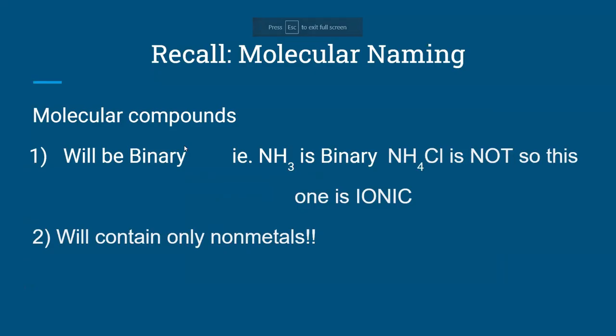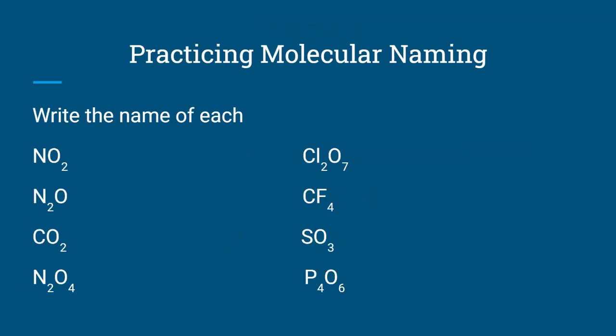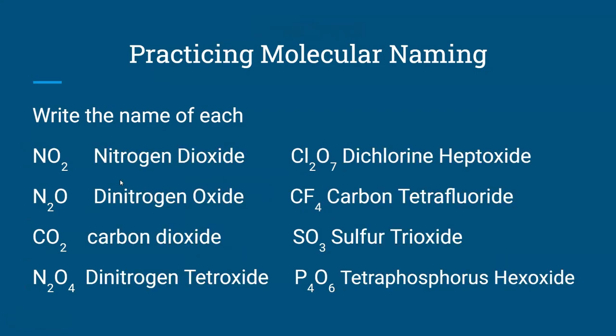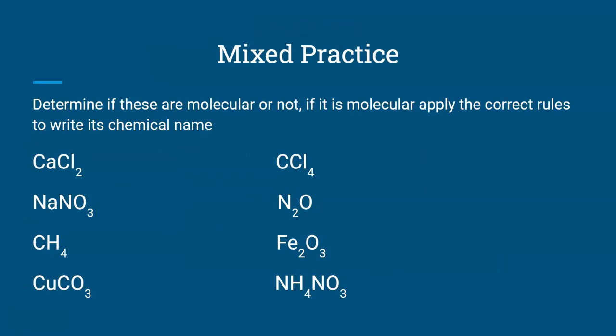You're looking for compounds that are binary and contain only nonmetals. So it has to be both. Here you're going to practice writing the name again from the formula. And then here's all the answers so you can practice. Here you're supposed to practice if it's molecular or ionic. So you're going to need to make sure you remember that you have two things you're looking for.